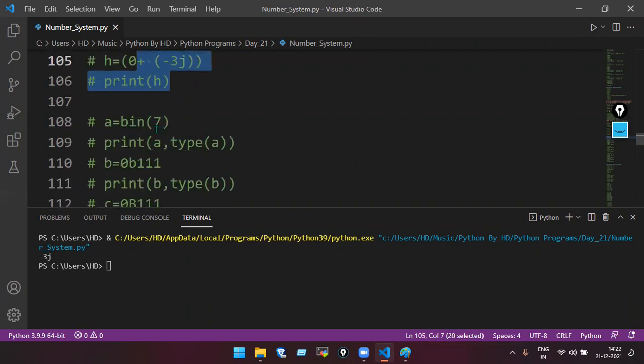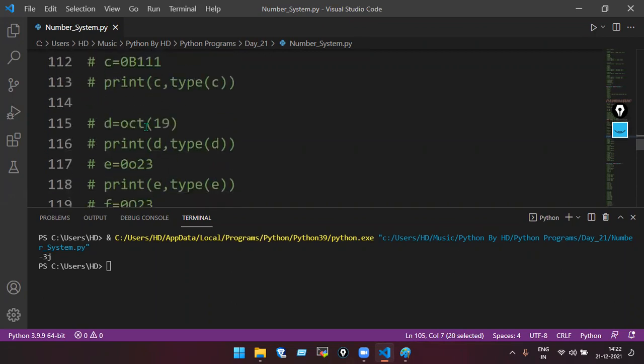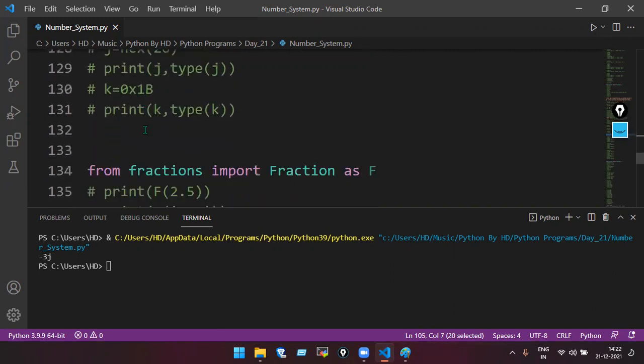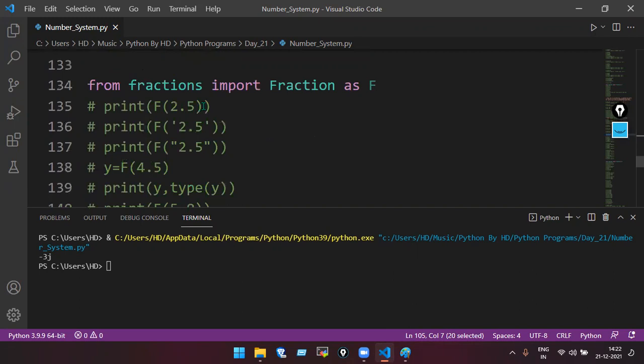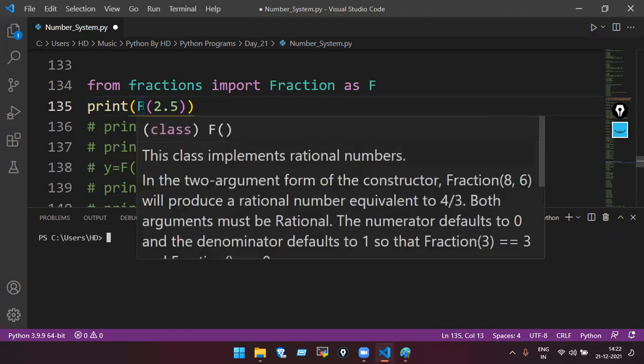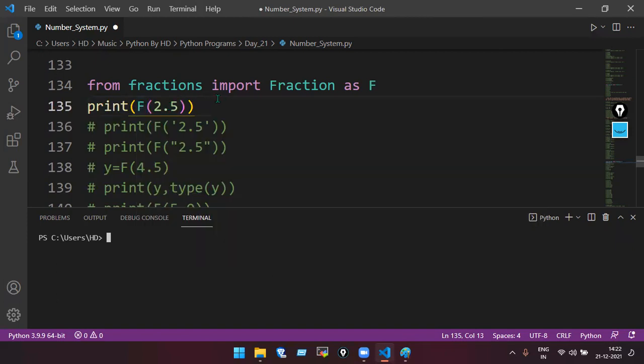Okay. Then we have already seen binary, octal and hexadecimal. Then this part, fractions, we saw last class on Friday, a few things. Now a few more continuation parts. Now what I told, fraction of 2.5. So think once, how can I get 2.5 in the answer?